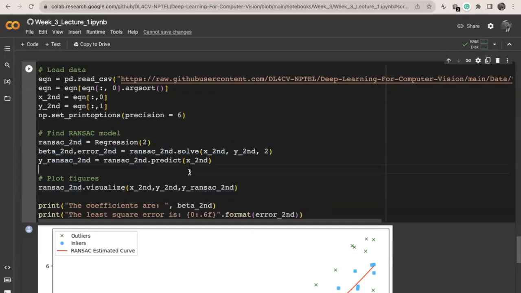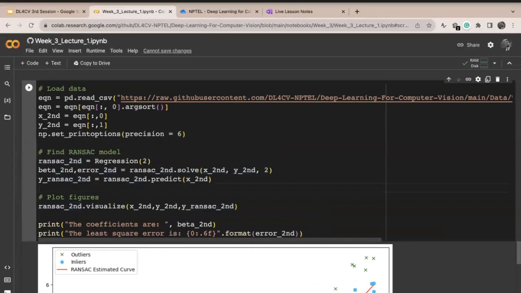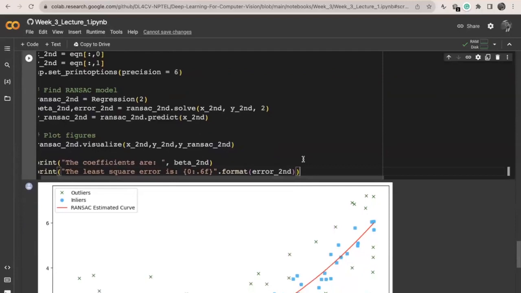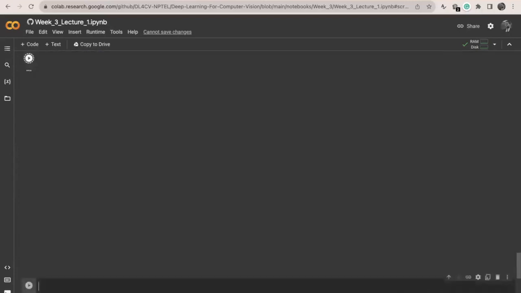Once you get the RANSAC output, we'll plot the same thing, and with the coefficients we'll get a very nice plot.